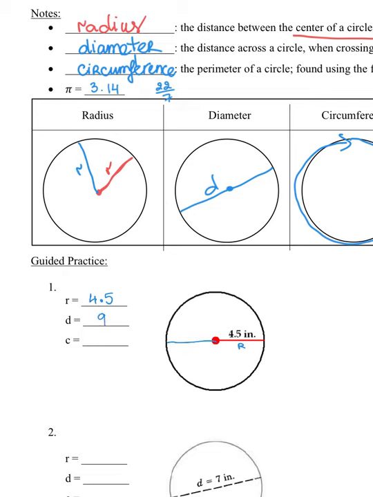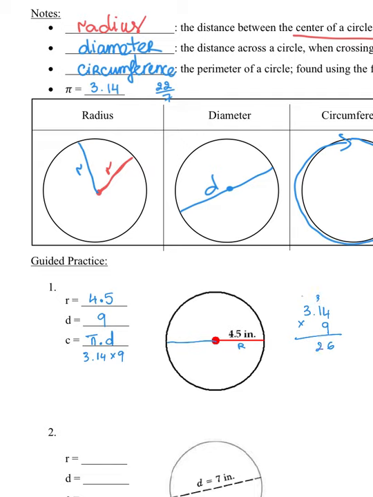And if I'm looking for the circumference, I will use the formula pi times diameter. Diameter is 9, so I will use 3.14 times 9. I'm going to line them up right here and multiply it. 9 times 4, 36.